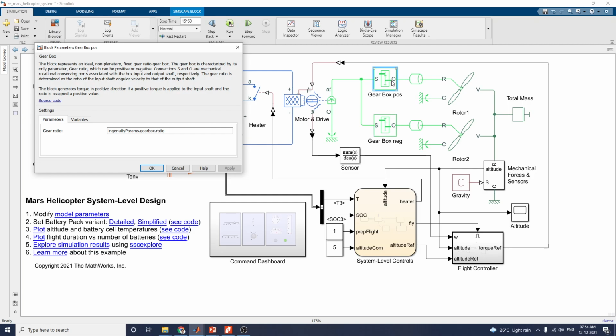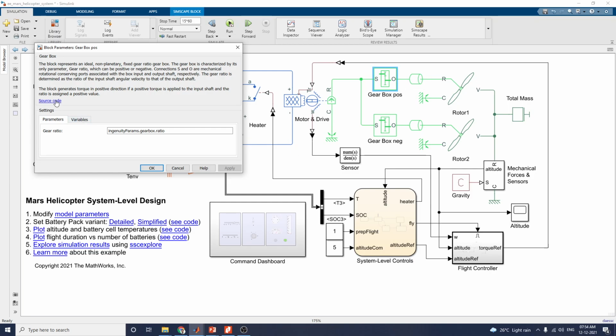Connections S and O are mechanical rotational conserving ports associated with the gearbox input and output shafts respectively. The gear ratio is determined as the ratio of the input shaft angular velocity to that of the output shaft. This block generates torque in the positive direction if a positive torque is applied to the input shaft and the ratio is assigned a positive value.